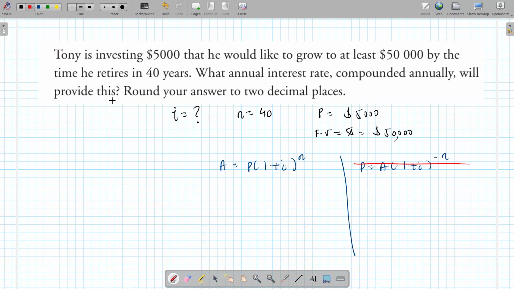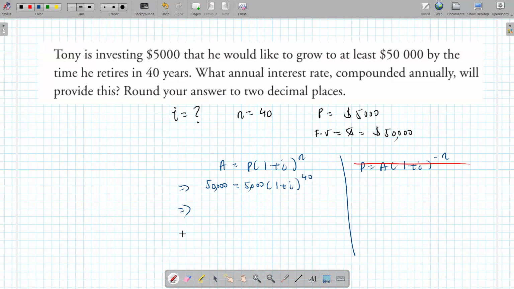It will save us a step. So let's plug things in. It's compounded annually, so we don't have to worry about dividing or multiplying. The final amount is 50,000. P is 5,000. Interest rate is unknown, but N is 40.